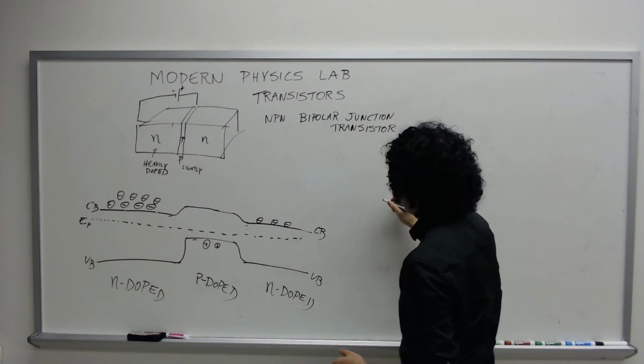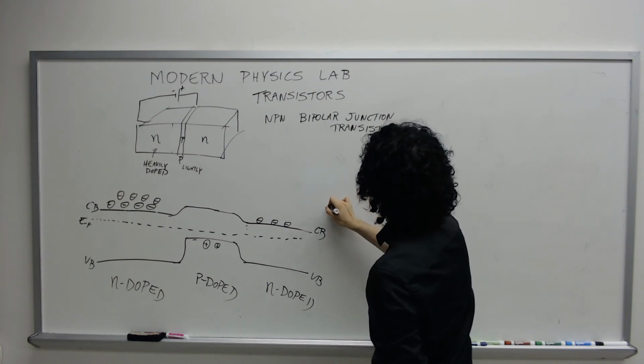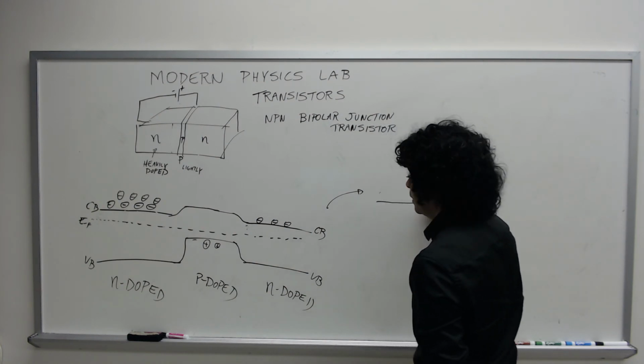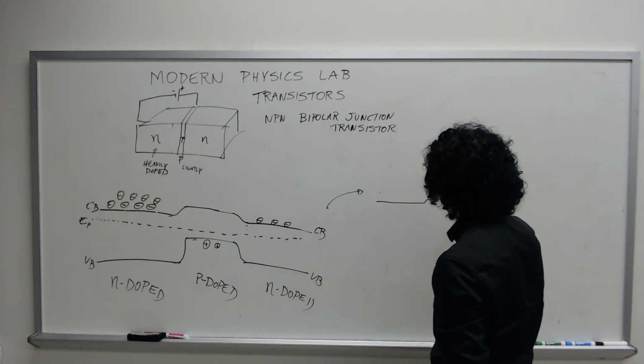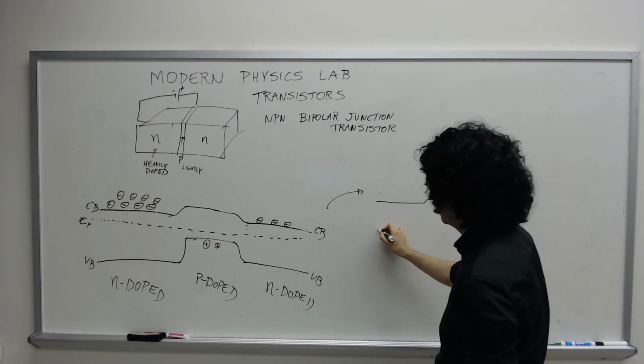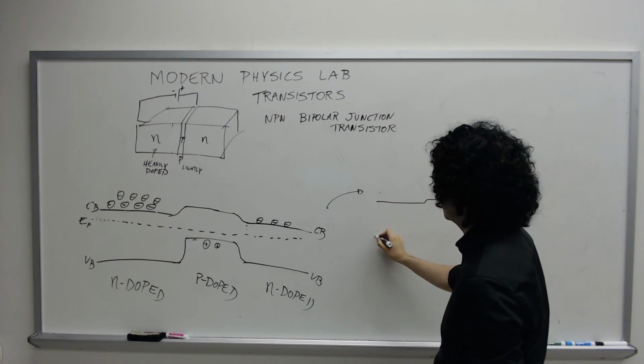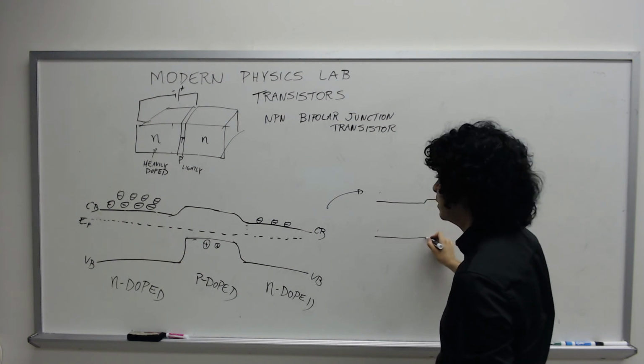So this is a low barrier, and the electrons can travel.